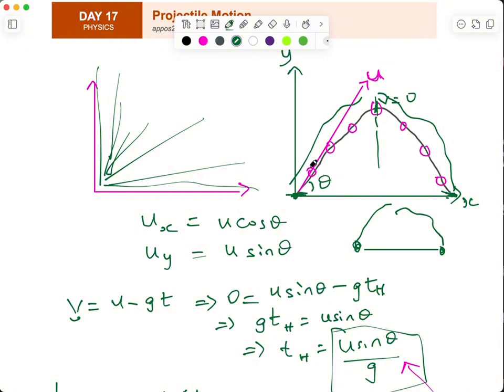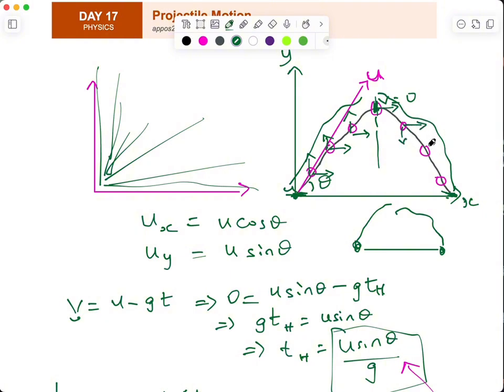In terms of the vertical, like I've explained, it starts with an initial speed, and when it gets here, its final velocity is going to be equal to 0. But this body possesses both horizontal and vertical components of velocity.